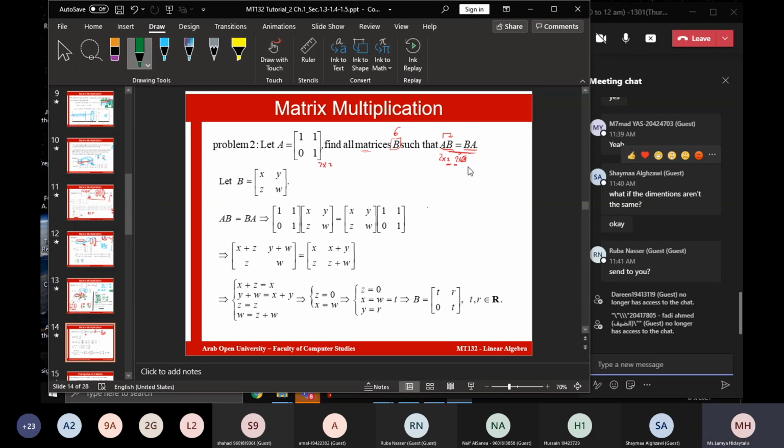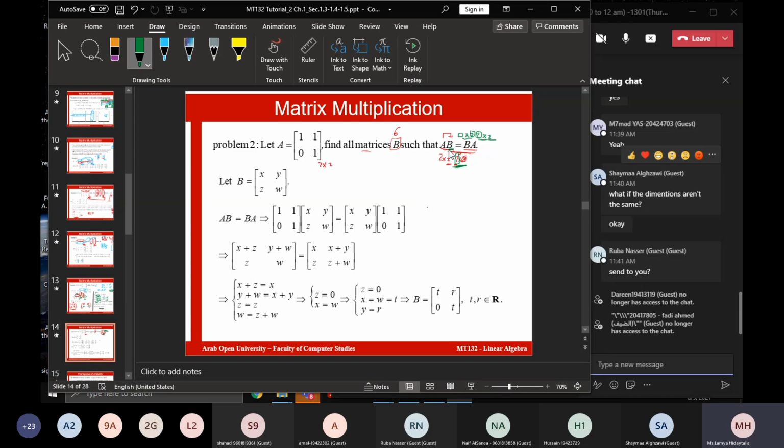B times A. We knew that A is how many by how many? 2 by 2. So here anything times 2. Correct? Because this is 2 and this is 2. But from here the first, the number of rows of B, should be 2.